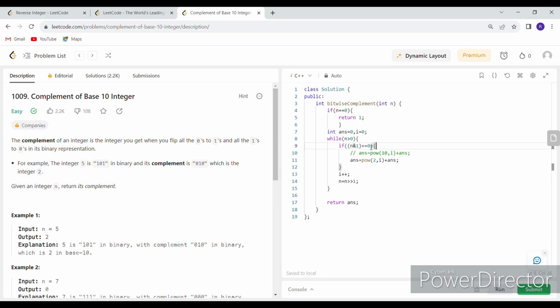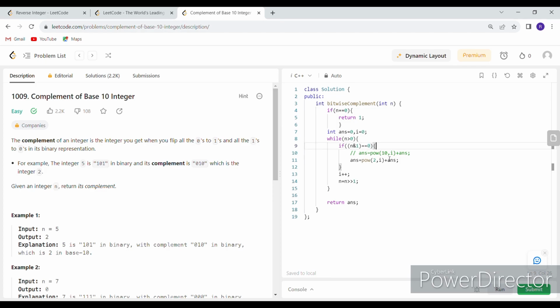And if I get a last bit as 1, that is of no use to me, because that 1 will eventually become 0 after the complement, and when I'm trying to convert that particular bit into decimal, that computation will have no value, because 0 into any power of 2 will be 0 itself.